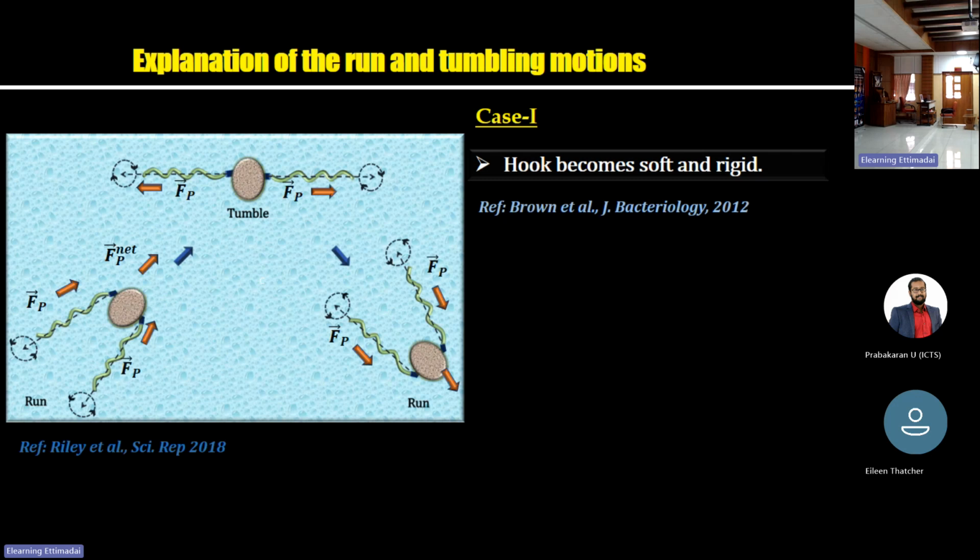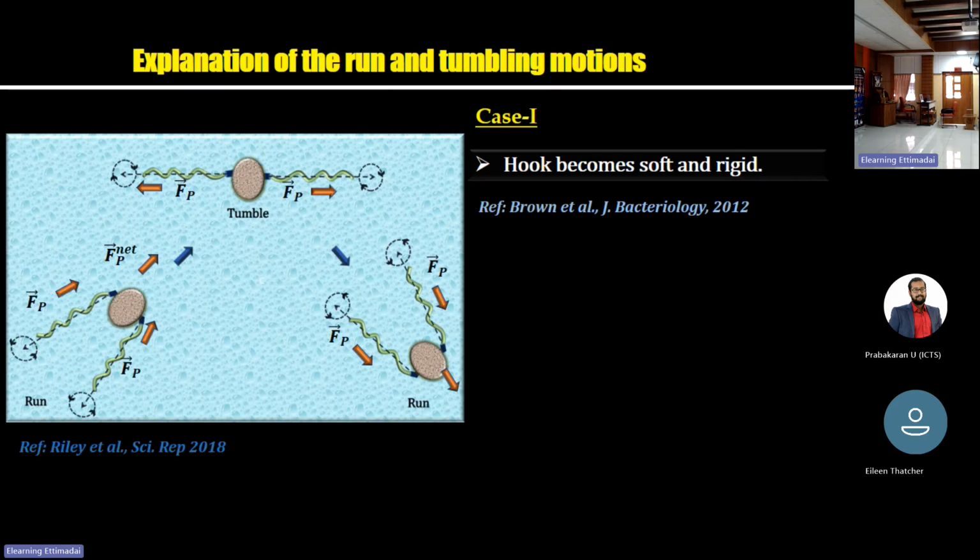Also, it is observed from experiment that during the run motion, the hook becomes soft and flexible. Sorry, I made one mistake. Hook becomes soft and flexible. Brown et al. did this experiment.